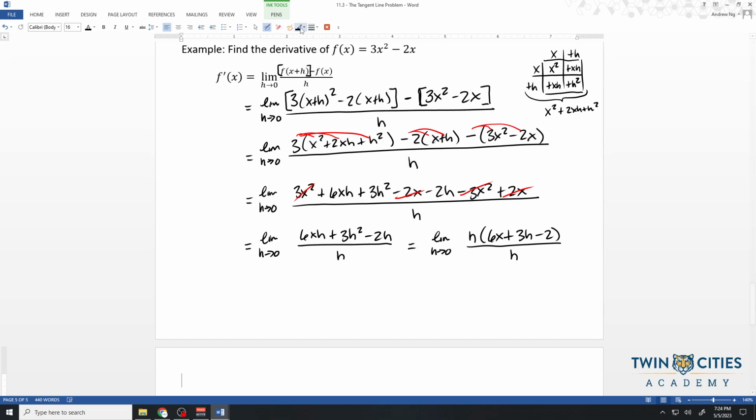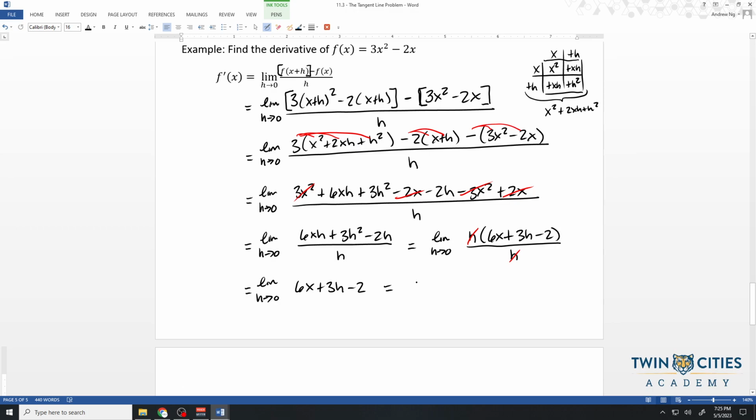Remember, the whole goal is to be able to divide out this h. And then with what you have left over, go ahead and take your limit. So this will be the limit as h approaches 0 of 6x plus 3h minus 2.